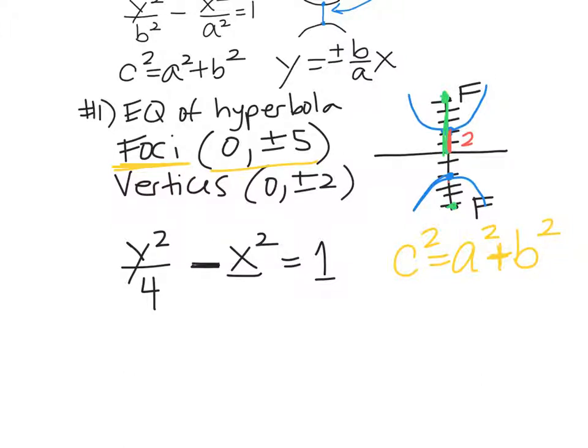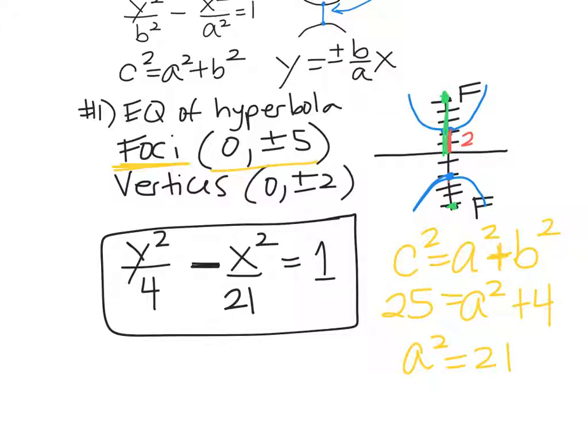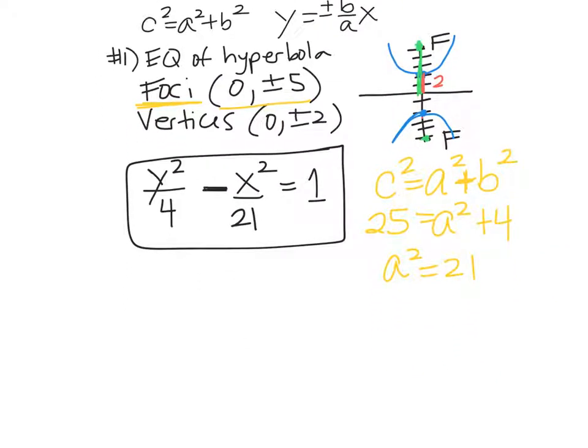It's 5. So c squared is 25. a squared is the number underneath x squared, that's my question mark. And b squared is 4. So subtract 4 to the other side: a squared equals 21. I can go over to my equation and put 21 in, and that's it. Done. Takes a little while, but I think these are manageable, especially if you could do them when you did ellipses. They're a lot like ellipses.